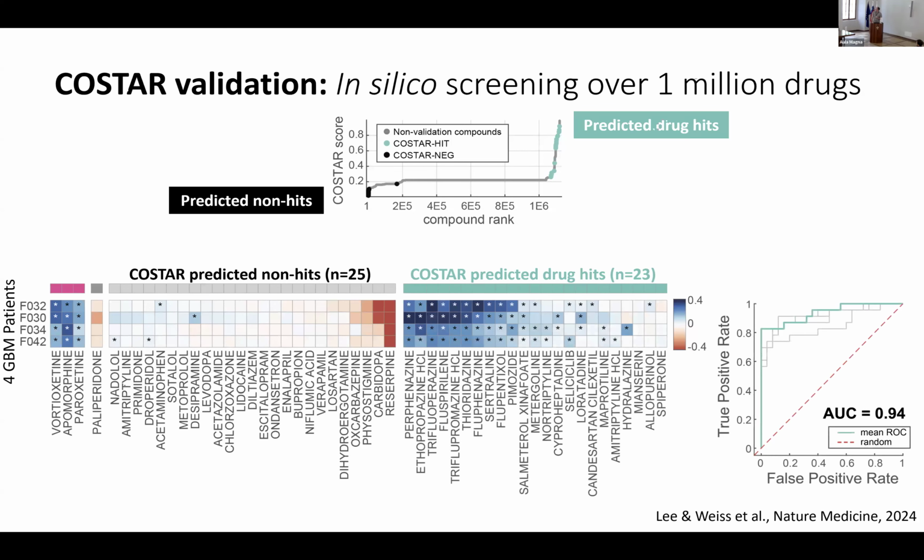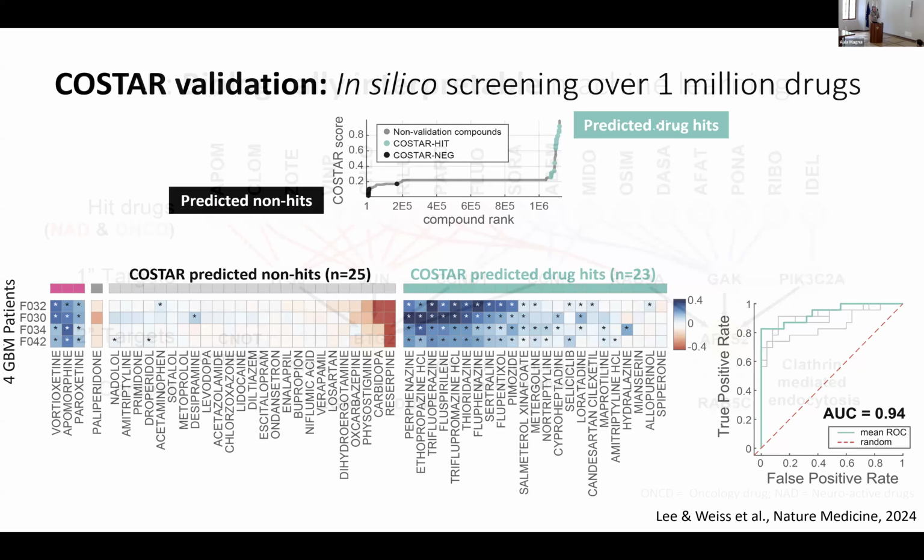And to our utter surprise, the predicted drugs were massively enriched again for on-target significant anti-glioblastoma efficacy across these 4 patient samples, with a total area under the receiver operating curve of around 0.94, suggesting this is in fact a very predictive classifier.